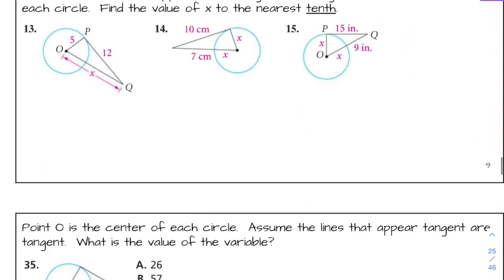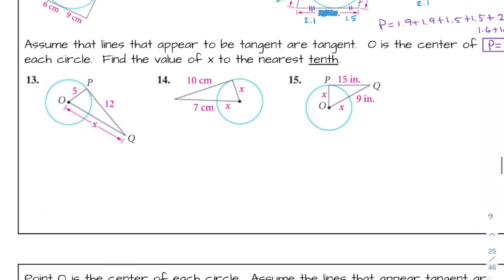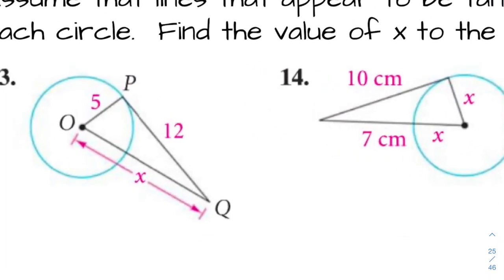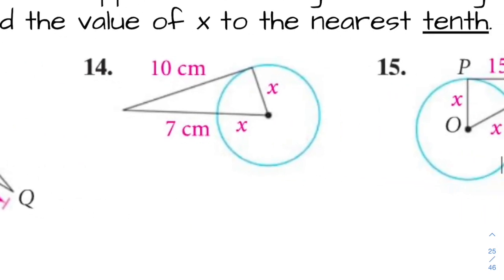And we'll do one of these. So, Pythagorean theorem, you're all good for this one. This right here is your hypotenuse. For 14, look at what you have for a hypotenuse. You have 7 plus x.